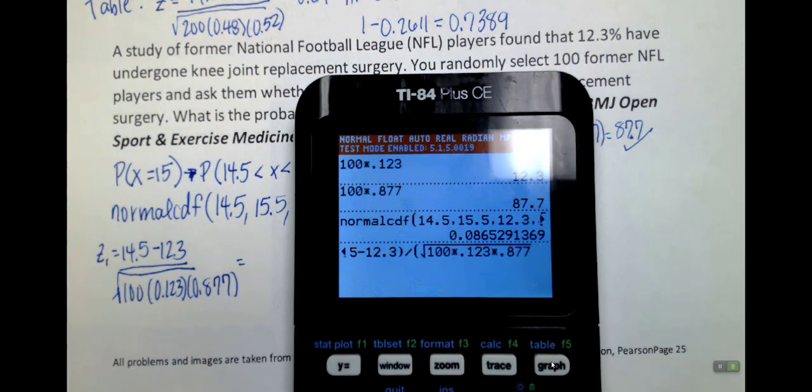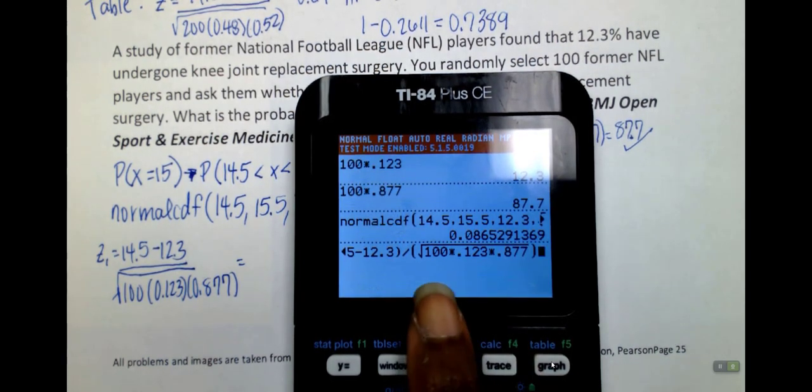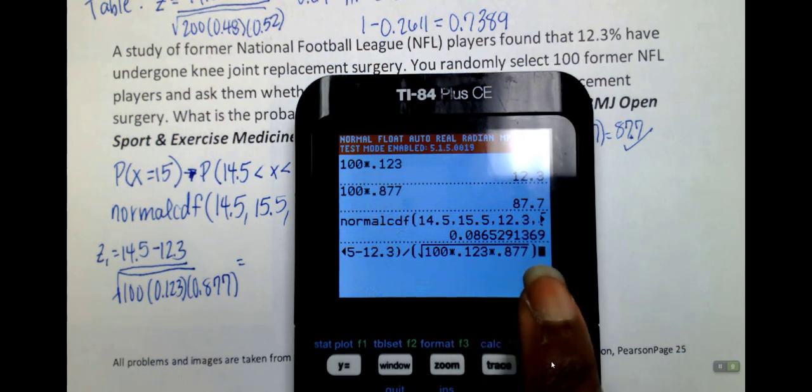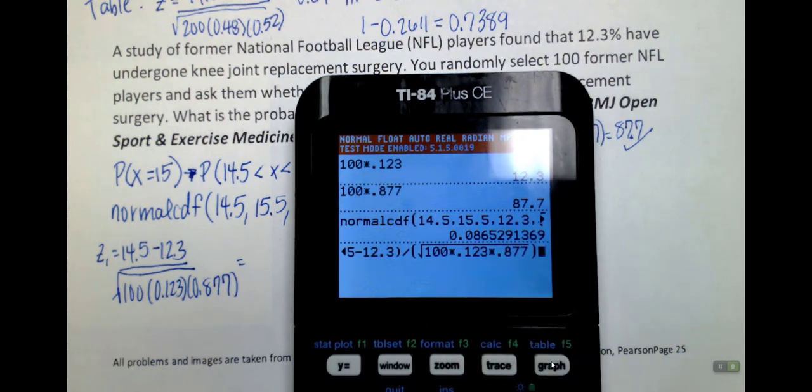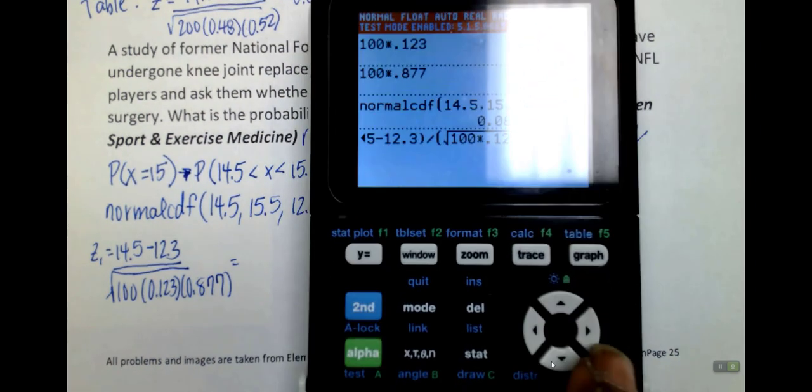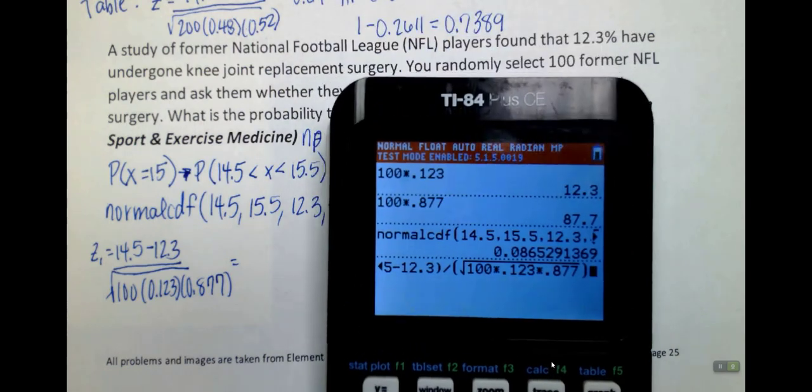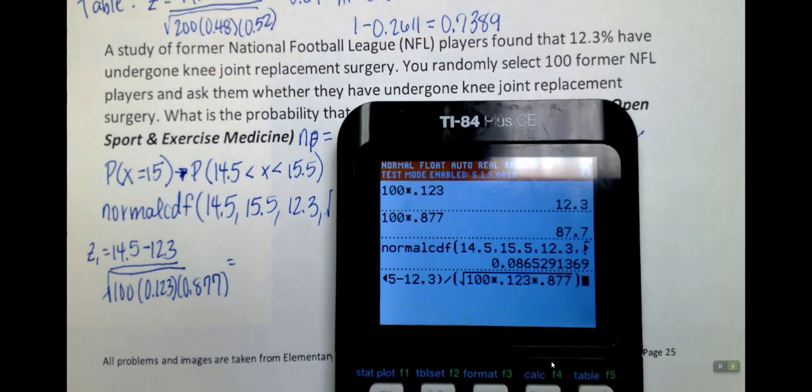Get out of the square root and close it. I'm doing this so I can keep the integrity of my problem. See how all that's under the square root. I hit the right arrow to get out of the square root. So this one is 0.67.